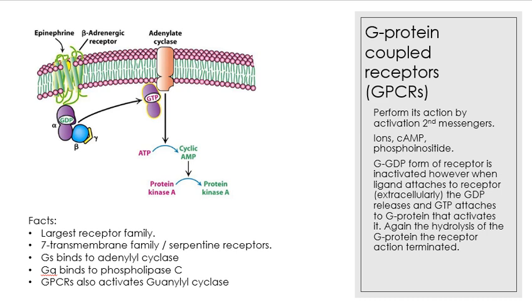Gi is basically for the inhibition, and it involves the inhibition of the cAMP enzyme. Secondly, Gs is a stimulatory protein, and it causes the activation of adenylyl cyclase.